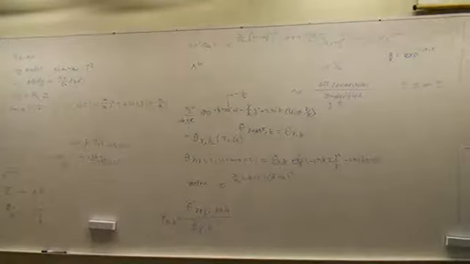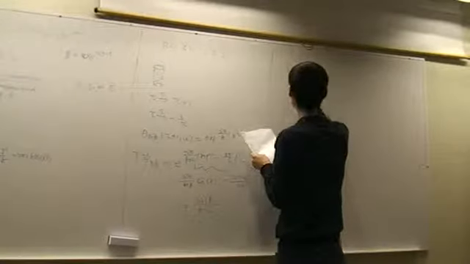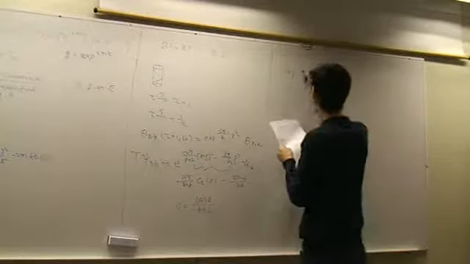Now, let me just quote the formula, because I do want to do some concrete calculation. So S alpha beta, where alpha and beta are the two weights.